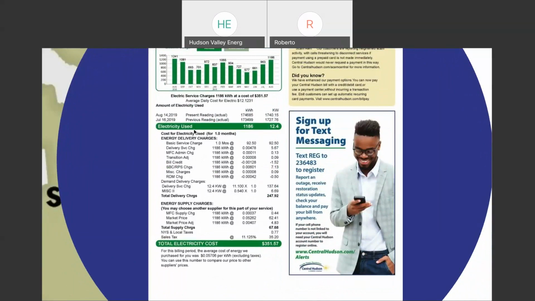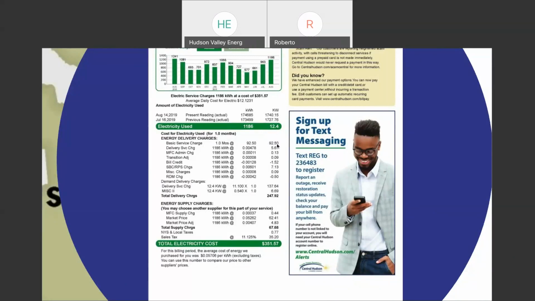And the electricity used is measured here. So these are the kilowatt hours, which is kind of the total electricity over a period of time. And then the kilowatts refers to that instantaneous surge in electricity usage. So this was the highest instantaneous usage during the previous month. And since it's above 10 kilowatts, the customer has to pay these demand charges, which, as you can see, get very expensive.